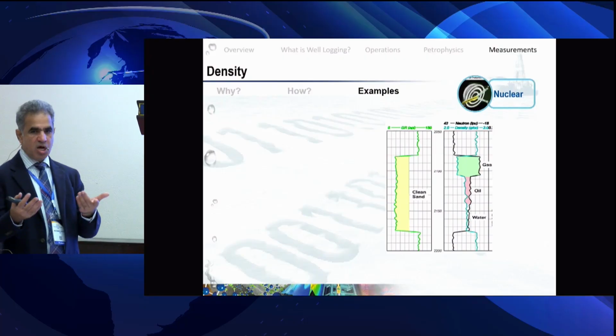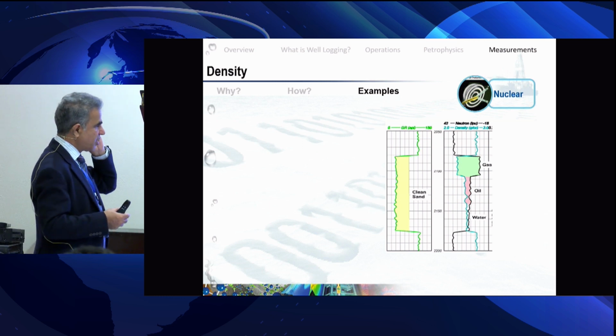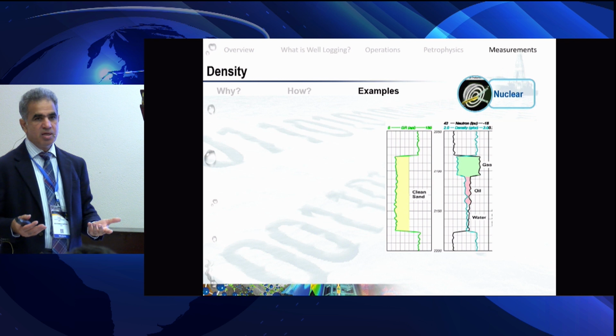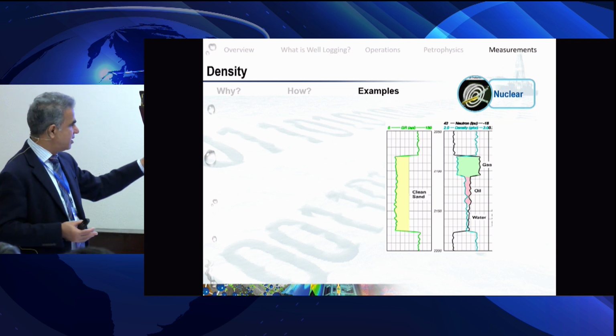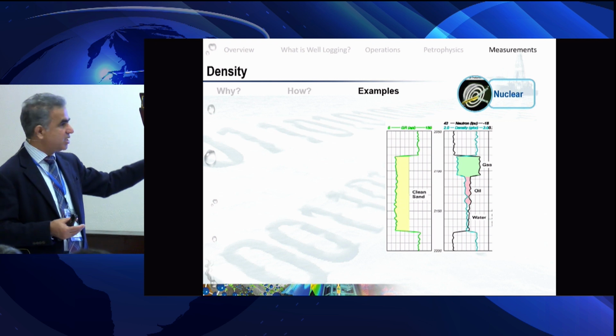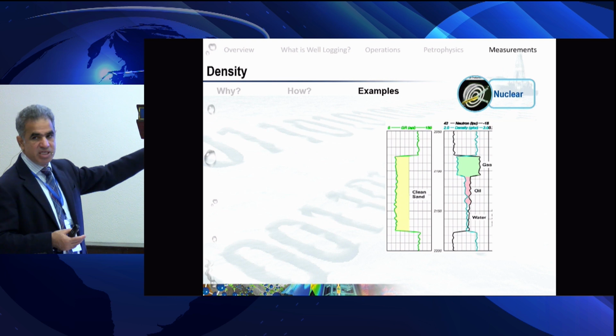So here we display density and neutron, and their separation or crossovers or overlaying each other has different meanings in terms of lithology and porosity. So this is how we use density neutron. Visually we can tell that this represents this.